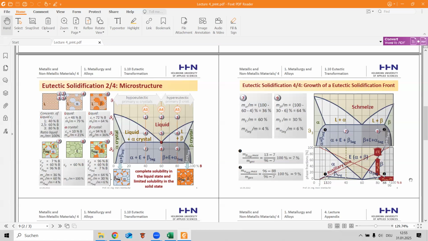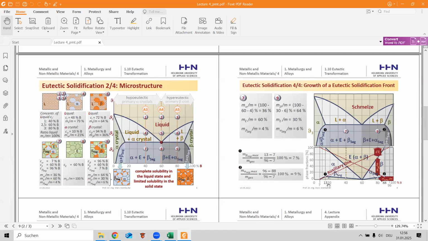And we can transform it to another graph. We calculate here points 1 and 2. So we can construct auxiliary lines. And on the x axis we have component B in percent, concentration, and phase fractions in percent, 0 to 100.